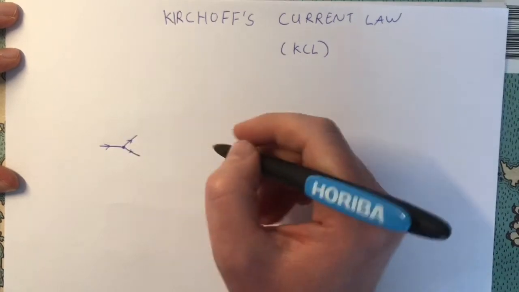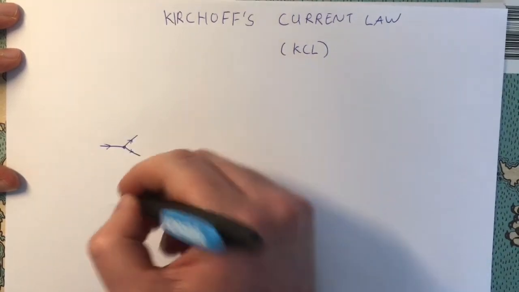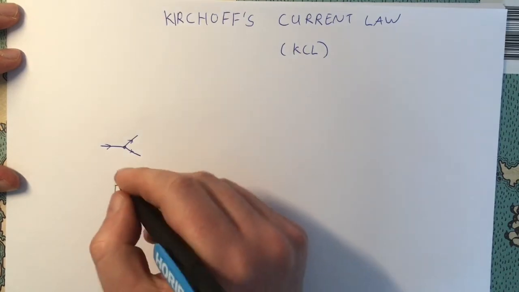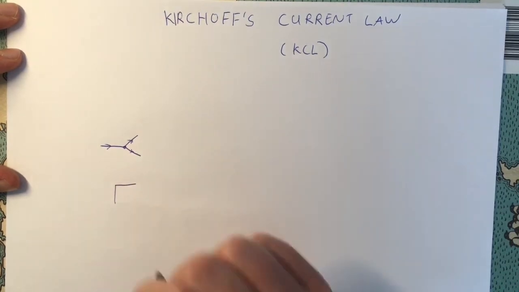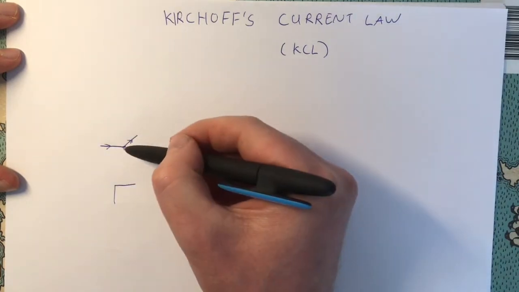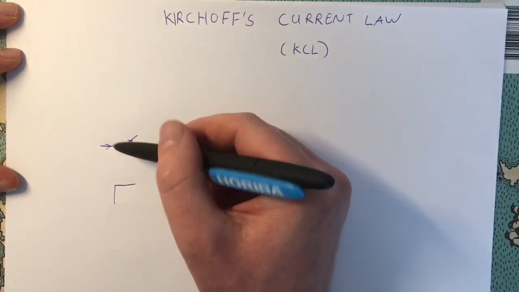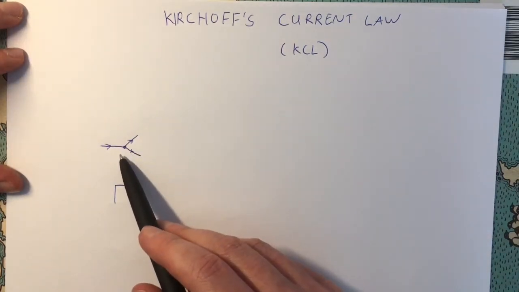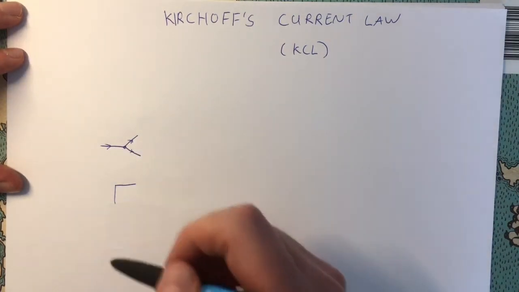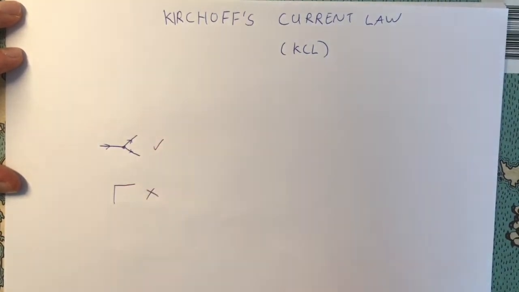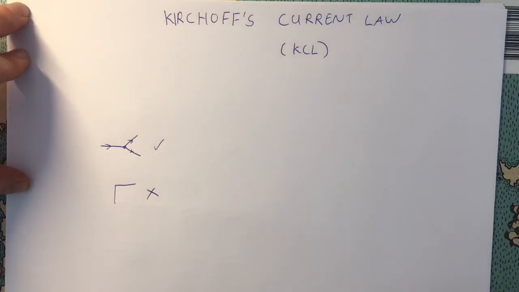So it's not where current simply goes around a corner. So this is not a node, but this is, and it can be where the current's got two or more options of where to go from a particular point when it's flowing. So this is a node and this isn't.